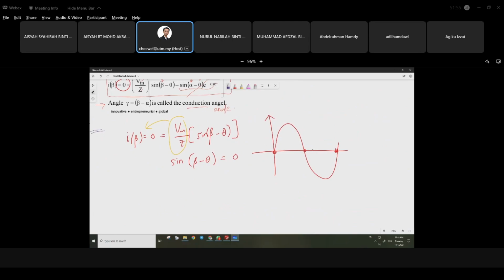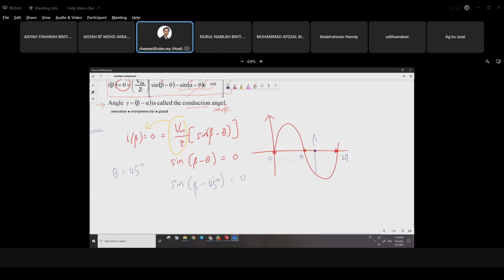Beta is over here: pi, 0, 2 pi. So how do we guess from here? Beta minus the theta just now calculated, which is 45 degrees.